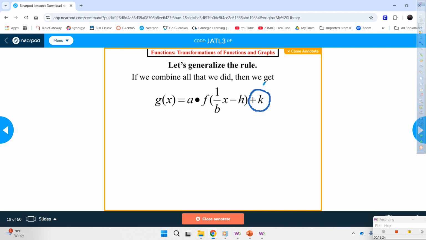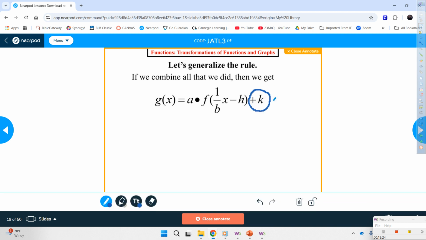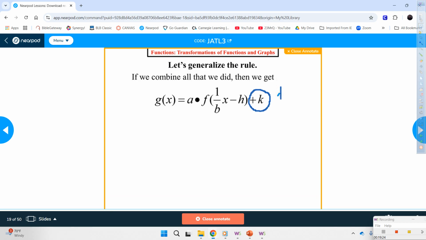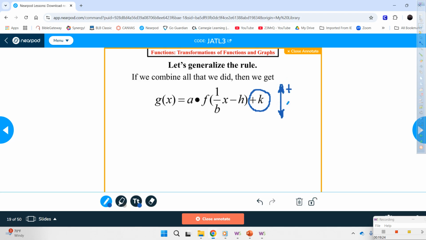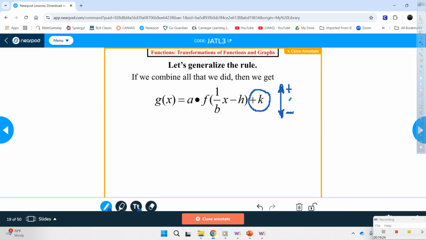What does k do to the entire function? Tell your neighbor, please. Annette, what does k do to the entire function? It moves it up and down, so draw your arrows up and down, up if we substitute a positive value in here, or down if we substitute a negative value. Thank you, sir.